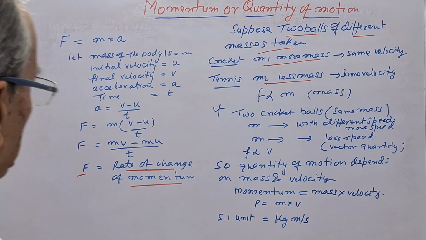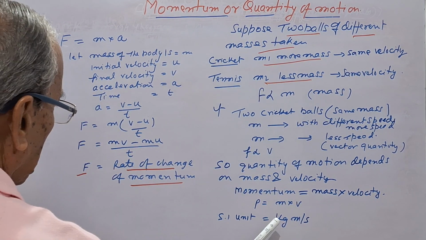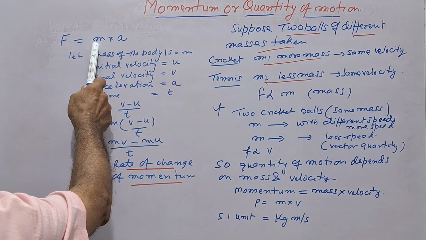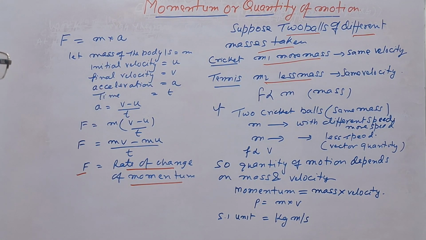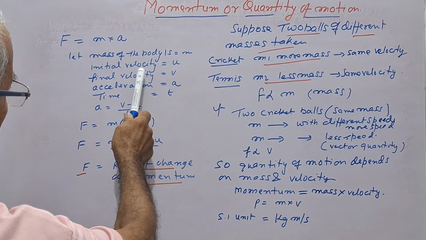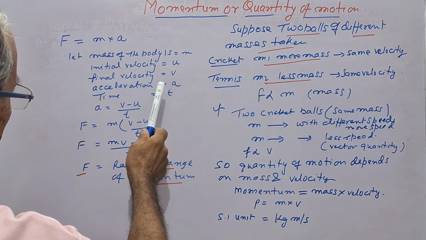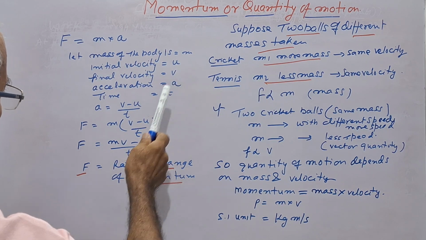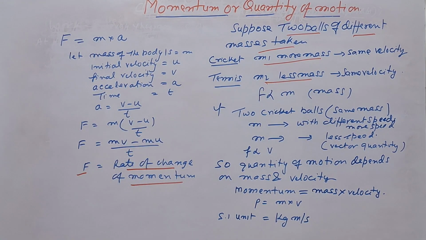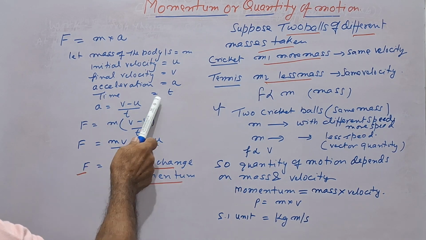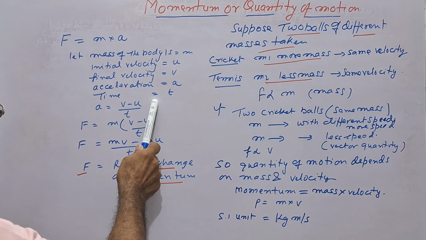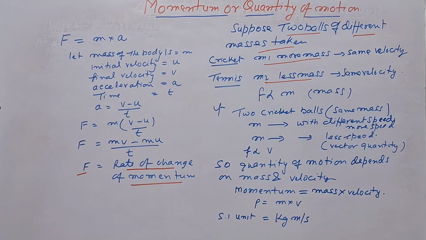Now what is the relationship of force and momentum? You know, force is equal to mass into acceleration. If a body of mass m has initial velocity u, final velocity v, acceleration a, and time t, then acceleration is equal to (v minus u) upon t. That is, final velocity minus initial velocity upon time.